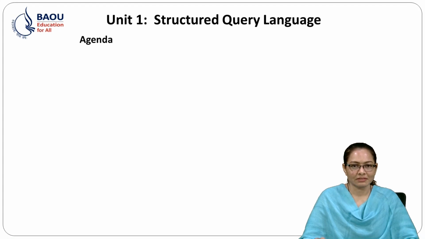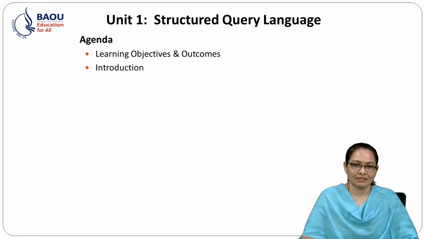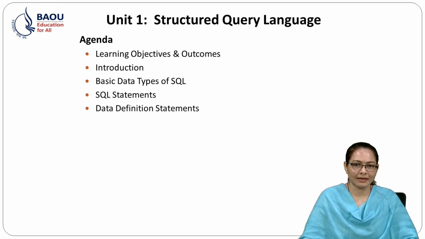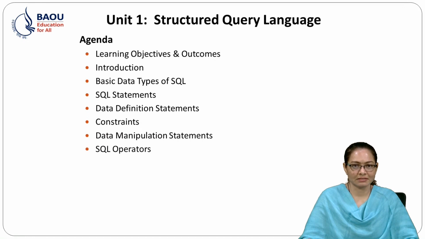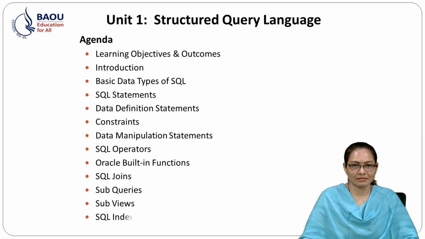First of all, we see the agenda of Unit 1: the learning objectives and outcomes, introduction, basic data types of SQL, SQL statements, data definition statements, constraints, data manipulation statements, SQL operators, Oracle built-in functions, SQL join, SQL subquery, SQL views, index, and SQL sequence.